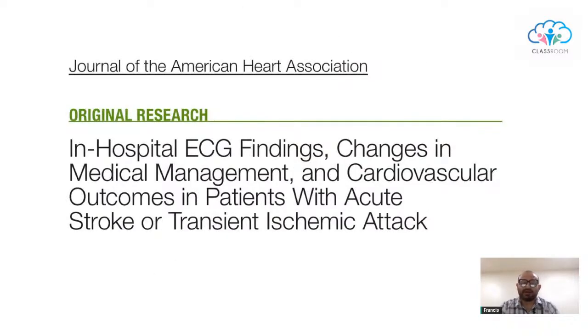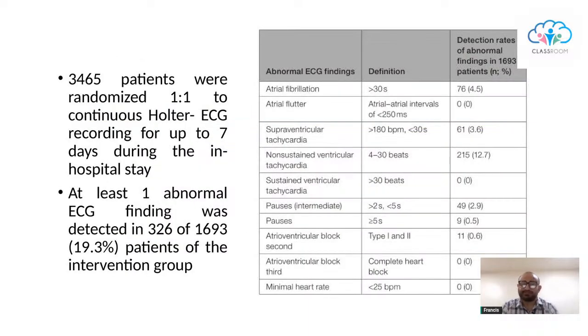This was a recent article published in the Journal of the American Heart Association, January 2023, which studied the in-hospital ECG findings, changes in medical management and cardiovascular outcomes in patients with acute strokes or TIAs. 3,465 patients were randomized 1:1 to continuous Holter ECG recording for up to 7 days during the in-hospital stay, and at least one ECG abnormality was detected in almost 20% of the intervention group.